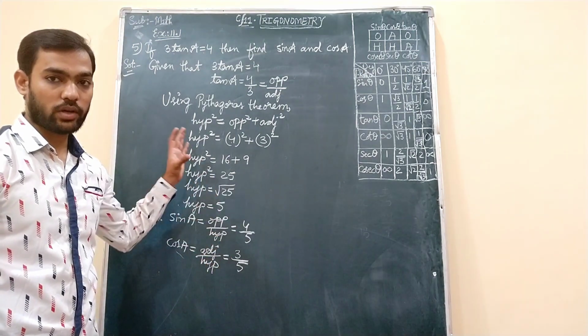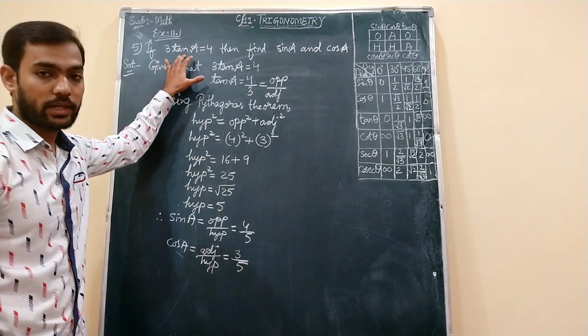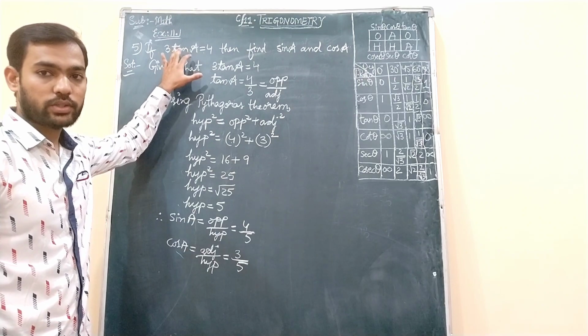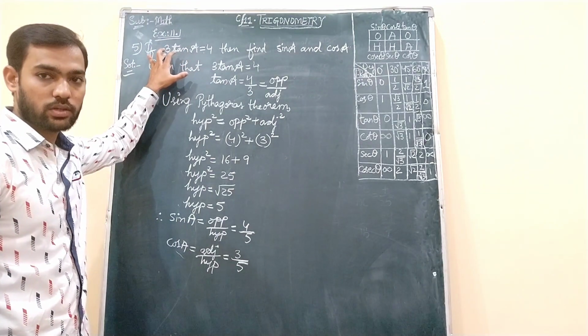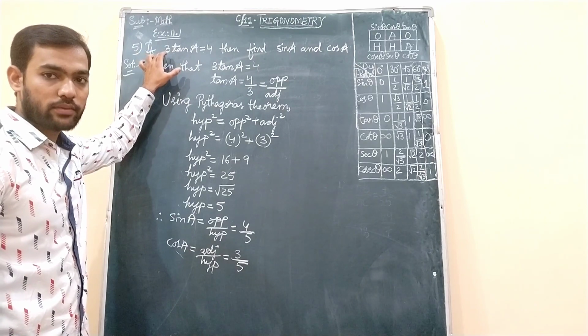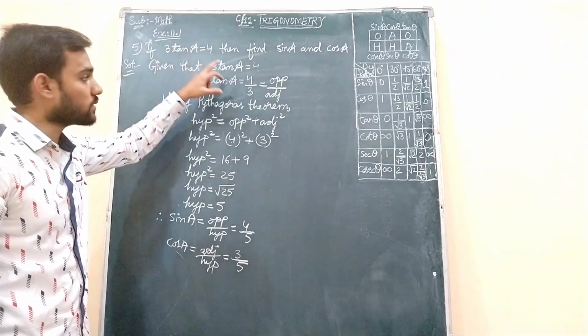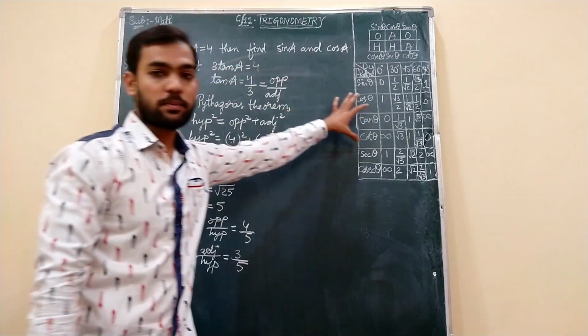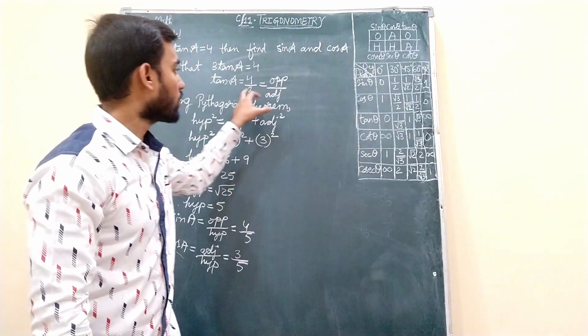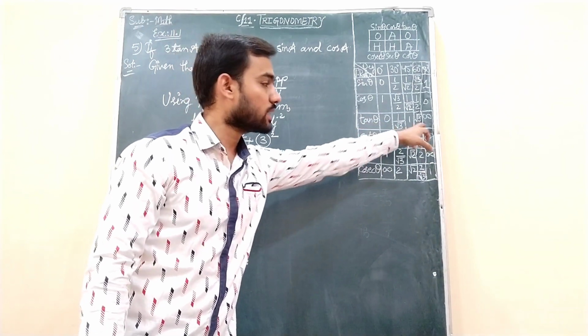See students, what we have seen over here: whenever a trigonometric ratio is given, first of all you should see that there should not be any constant term before the trigonometric ratio. Here 3 was there, so we transposed this 3 from LHS to RHS, and we got it in division. Now you need to check this value in the specific angles table, but 4 by 3 does not lie under tan in this table.